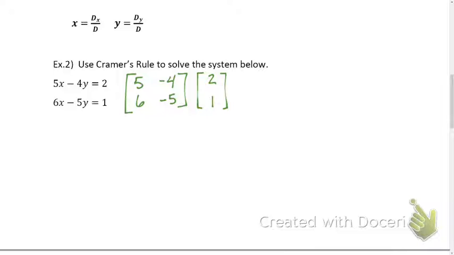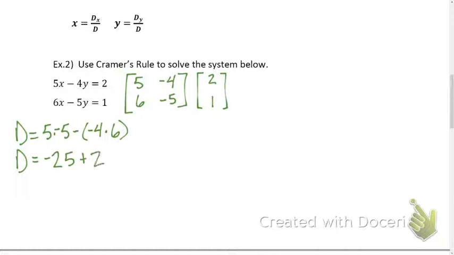So to find the determinant, we find the determinant of that first matrix, and we go 5 times negative 5 minus negative 4 times 6. So we get negative 25 plus 24. Determinant is negative 1.